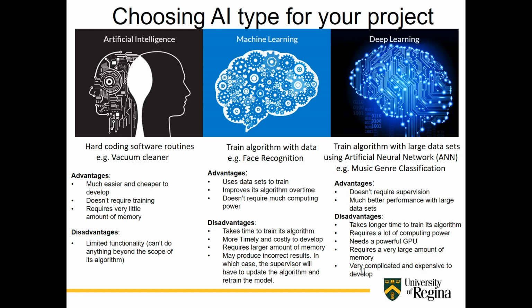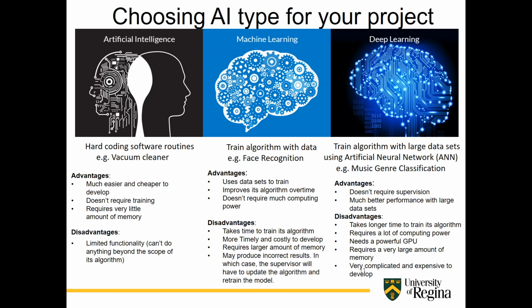As for machine learning, it can train an algorithm with data. A good example of a machine learning project would be face recognition. The main advantages of machine learning over artificial intelligence is it uses data sets to train, and it improves the algorithm over time. And compared to deep learning, it doesn't require much computing power. And disadvantages: it takes some time to train the algorithm.